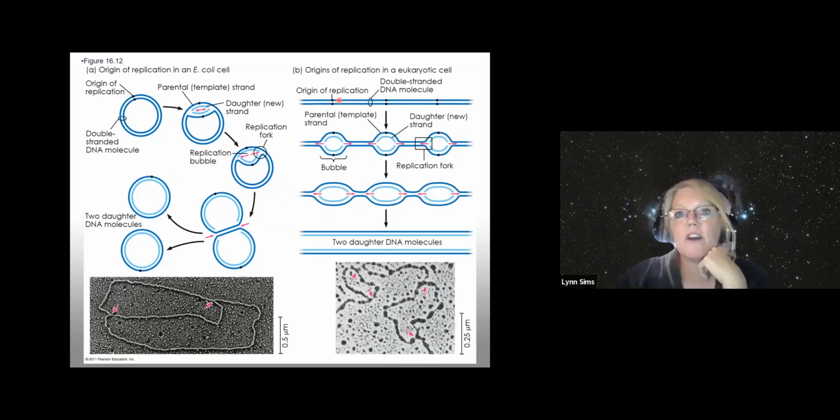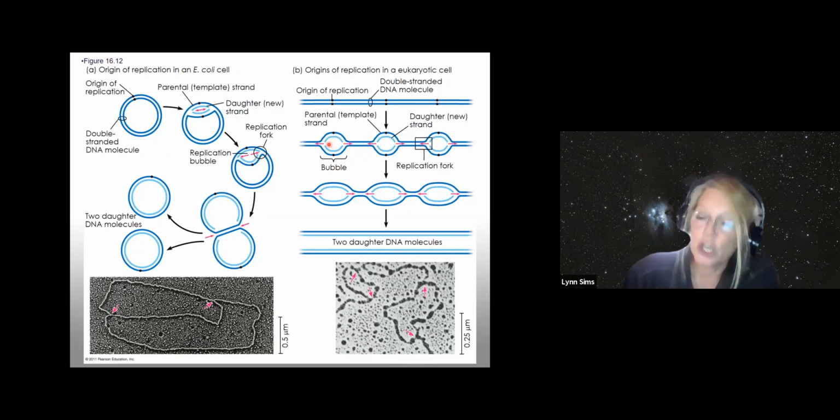You can see them right here. So that means multiple replication bubbles are going to form. We have 3 right here, corresponding to each of the 3 origins of replication. And then, of course, replication is going to occur in the same manner as it does in bacterial cells, except remember, this is creating a linear chromosome.